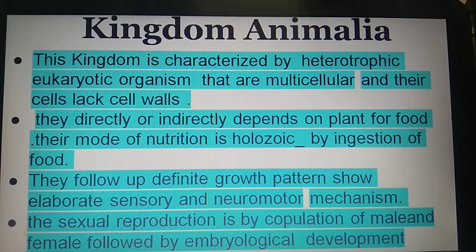Next one is they directly or indirectly depend on plants for food. Their mode of nutrition is holozoic. What is holozoic, students? That we take the food directly into our body, or we can say by ingestion of food. Next one is they follow a definite growth pattern and show elaborate sensory and neuromotor mechanism.